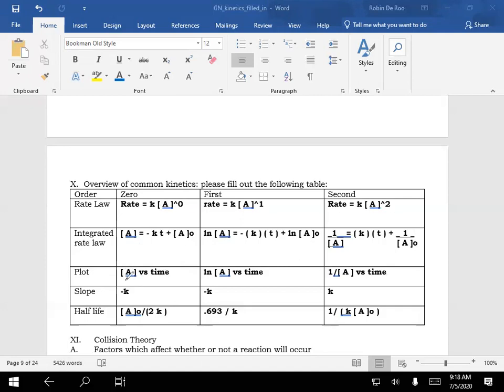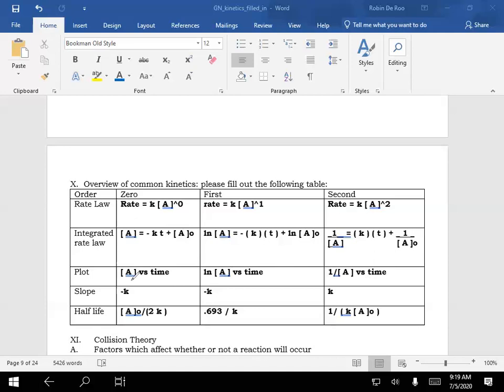One of your graphs is concentration of A versus time. One is natural log of A versus time. And one is 1 over A versus time. Given that data, whichever graph is most linear would tell you the order. This is a fair game question that some professors will ask you, and they might even ask you to do it on graph paper and by hand.